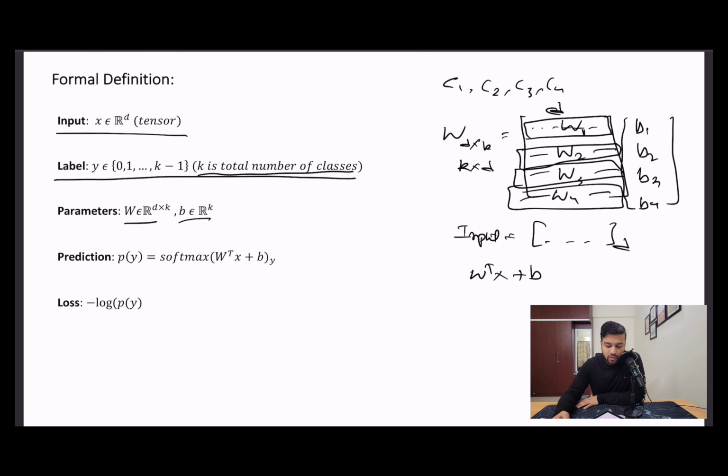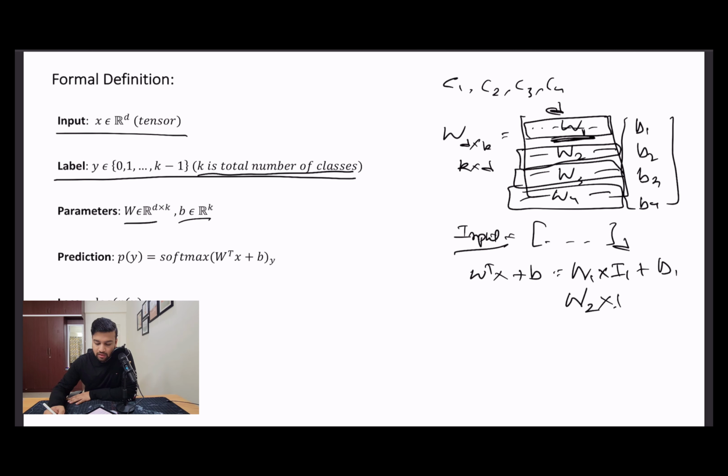Now when you do the calculation, you will multiply the input vector with the weight vector. So W1 into input 1 plus B1, W2 into I1 plus B2, and W4 into I1 plus B4. So this is how you will do the calculation.